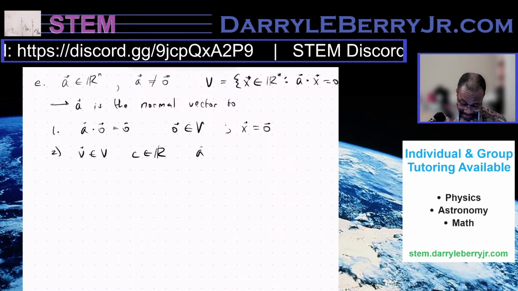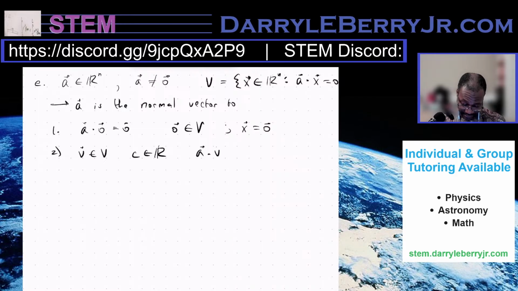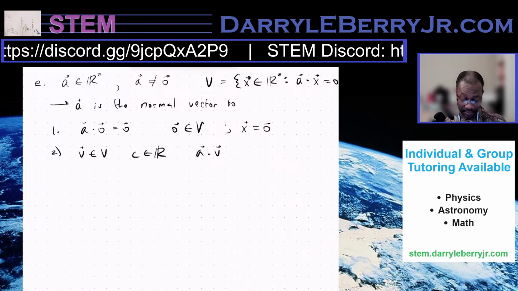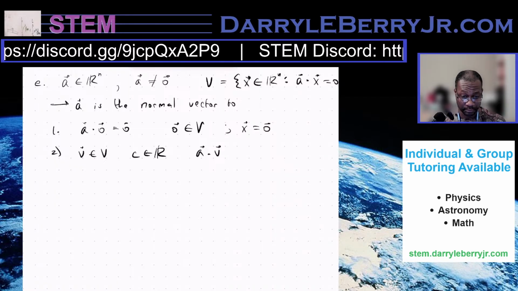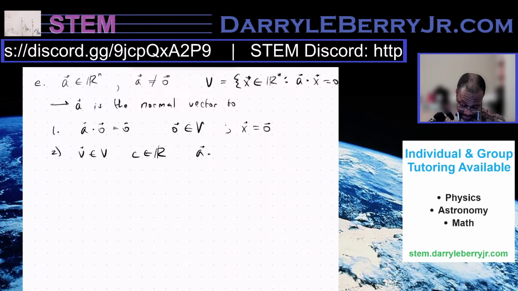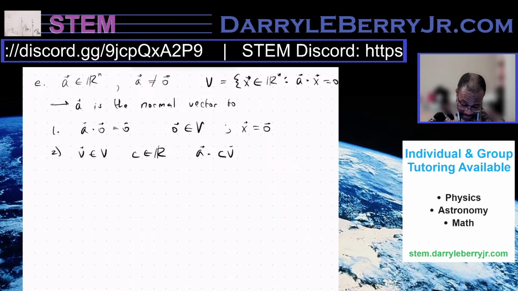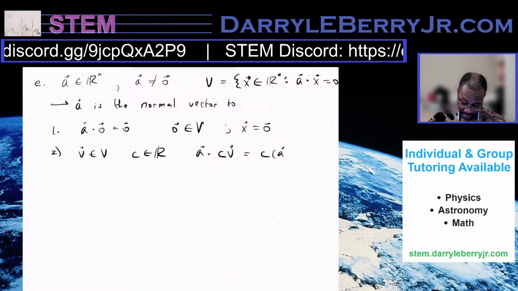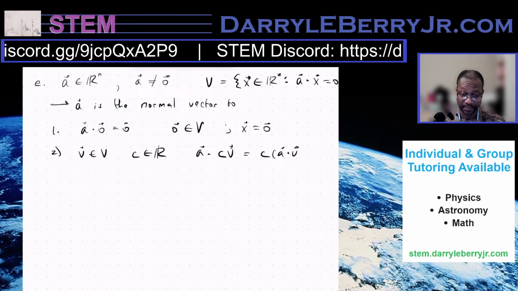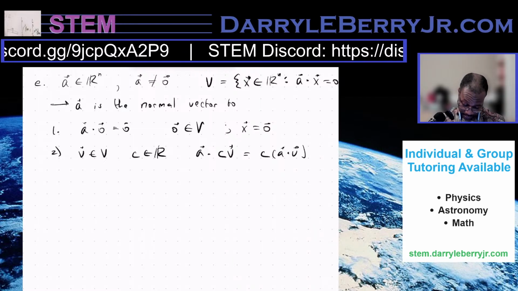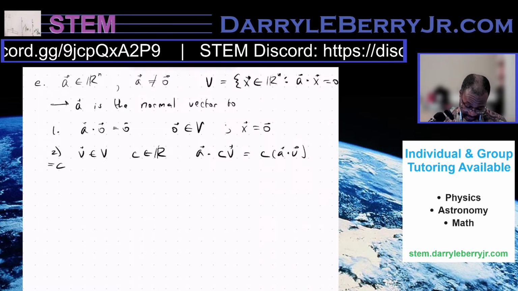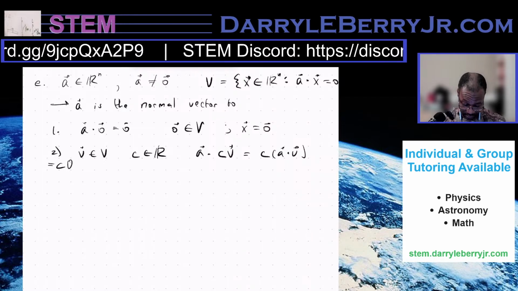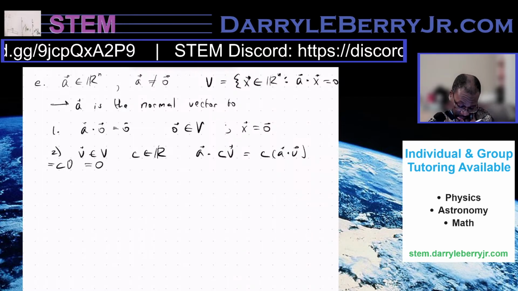So now we have A dot CV equals C times A dot V, equals C times 0, equals 0.